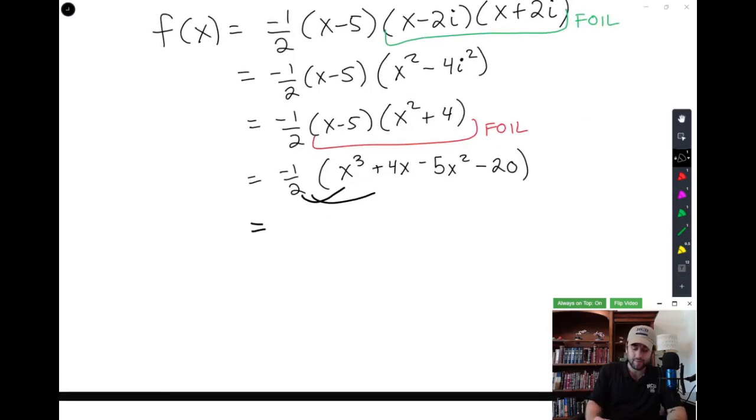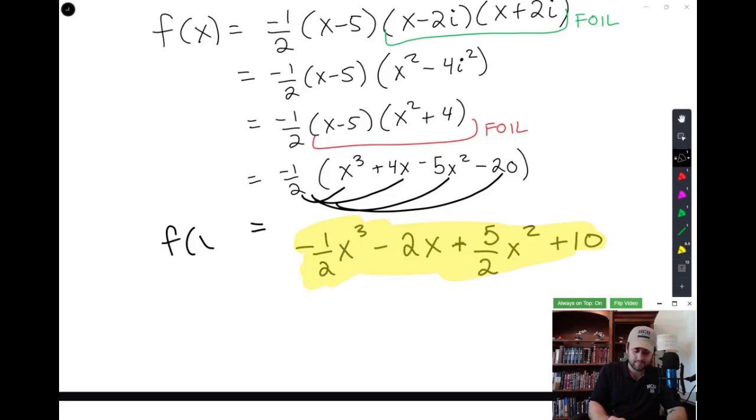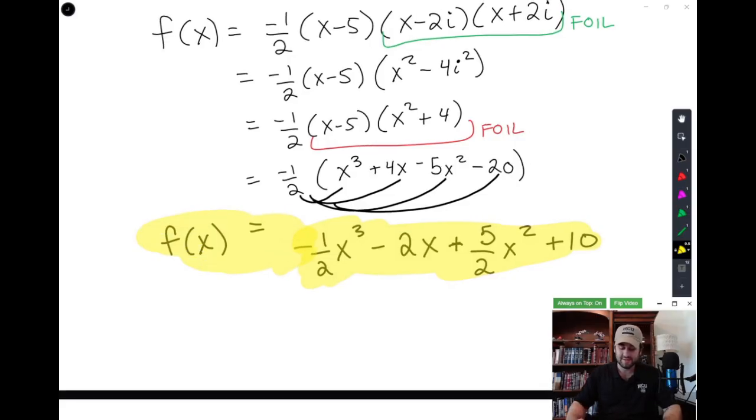We're going to distribute out that 1/2 with a negative sign and get negative 1/2 x to the third power plus, well, minus because of the negative sign, 2x, because 4 over 2 is 2, minus 5 over 2 plus, because negative times a negative is a positive, x squared plus 10. And that is f of x with real coefficients.